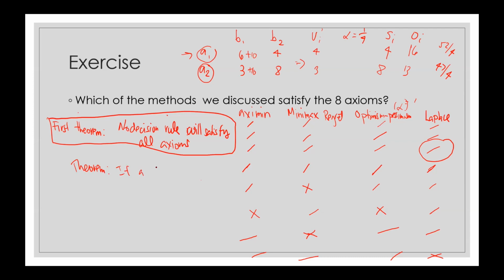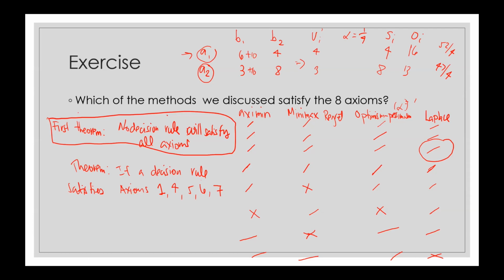If a decision rule satisfies axiom 1, 4, 5, 6, and 7, so ano yung axiom 1? Ranking. Ano yung 4? Strong domination, sir. Strong domination. Ano yung 5? Independence of irrelevant alternatives. Okay. Ano yung number 6? Independence of addition.